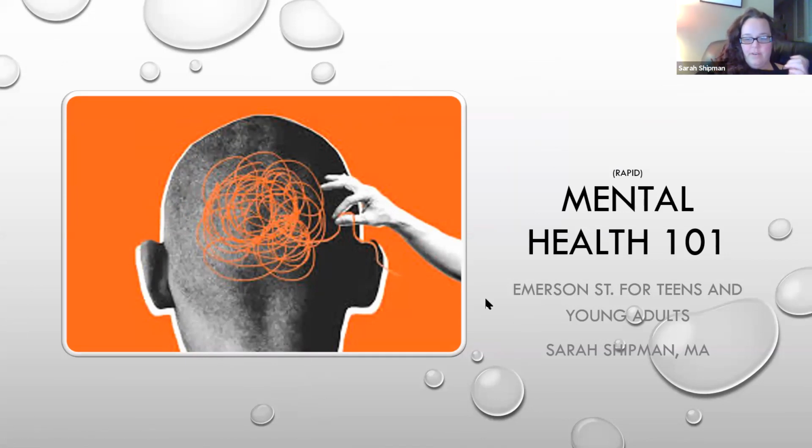Oops, I don't know what I just did. Let me check something before I continue. Okay, as long as you can see them, that's the good part. So you can hear me, right? Yes, it says talking. Okay, I'm Sarah Shipman. I work as an education specialist at Emerson Street.